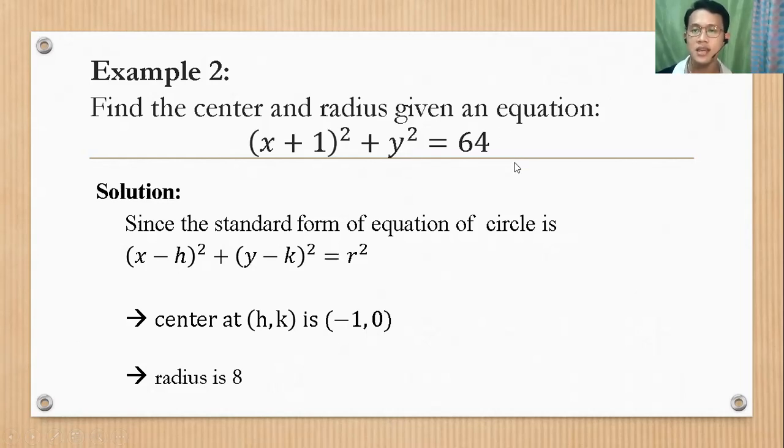That's how simple it is in analyzing and situating the given standard equation, which means the radius is 8. Why? Because 64 is r squared, right? In the standard equation, it's r squared here. So basically, if you find the square root of 64, that is 8.